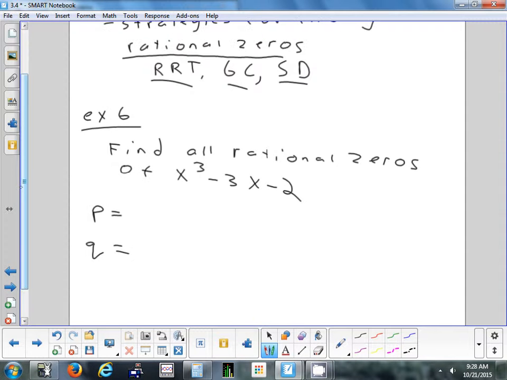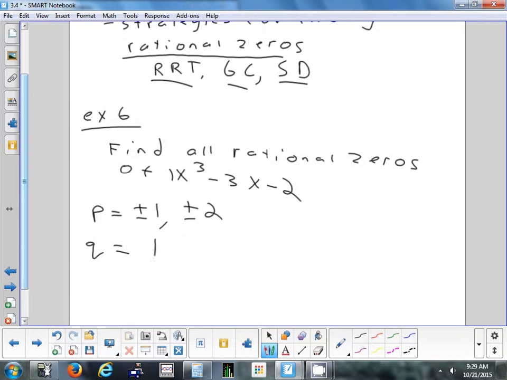Let's make a list of possibilities. What are my possibilities for p? Plus or minus 1. And anything else? Plus or minus 2. There's not that many possibilities here. And there's even less for q. What are the numbers that divide into 1?